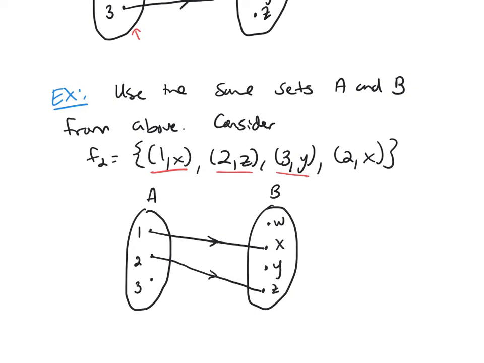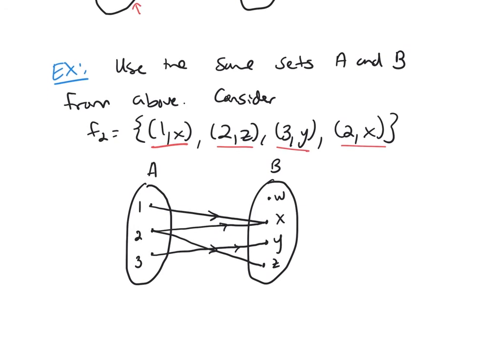Draw an arrow from 3 to Y. And lastly, draw an arrow from 2 to X. So if you see, everything in A does have an arrow coming out of it, but we've got a little bit of a problem here. If you notice, 2 has two arrows coming out of it. So I know F2 is not a function.